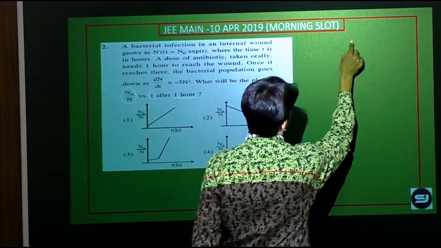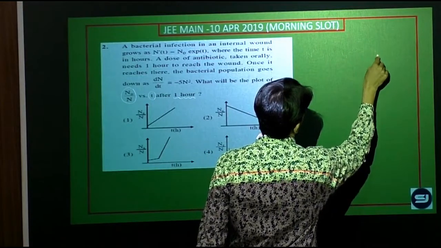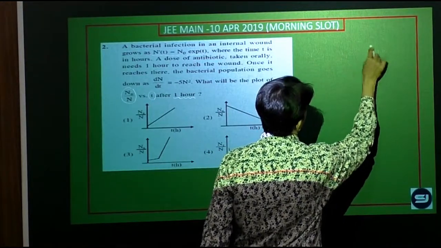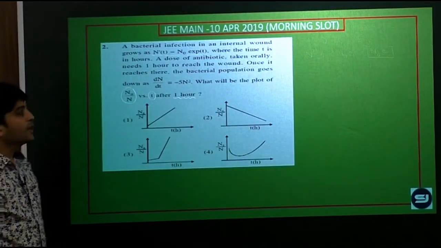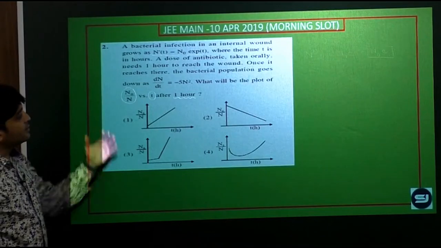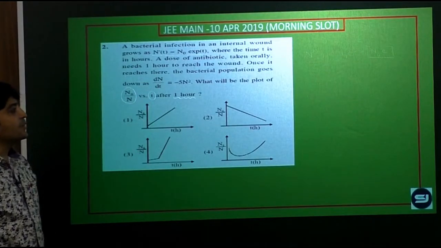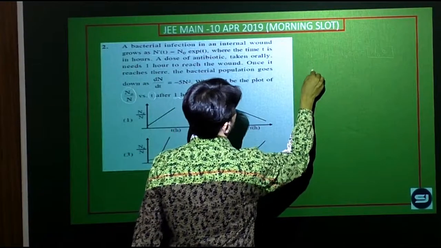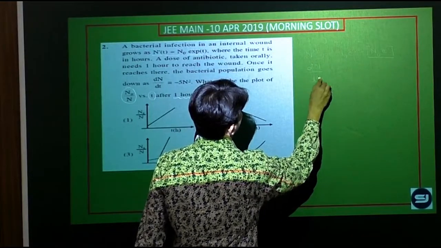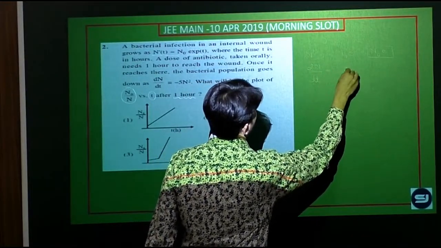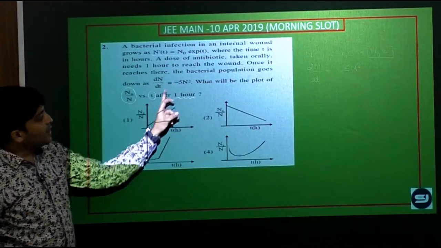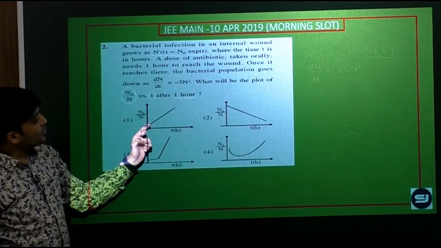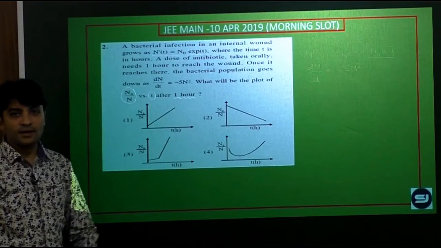So, from 0 to 1 hour, it will be equal to N(t) equals N0 into e raised to 1. But after 1 hour, it goes down as dN by dt, it's a decay, equals minus 5N square. Now, from this, after 1 hour, what will be the relation of N0 by N versus t is asked.